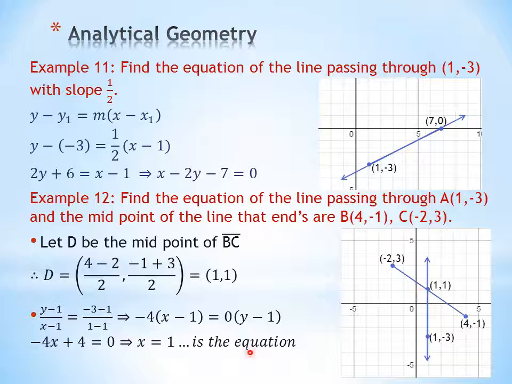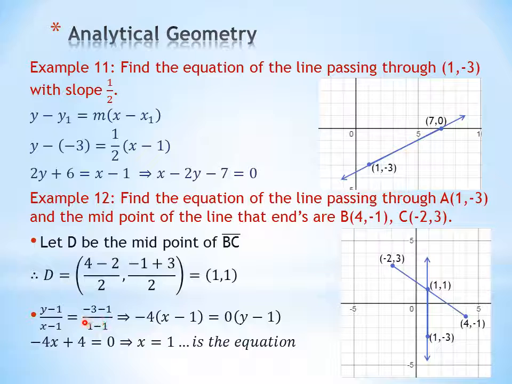Now I have two points. I go directly to the formula of two points and apply the values of D, and the values of A for x, y, and then I will simplify. 1 minus 1 is 0. Negative 3 minus 1 is negative 4. This is y minus 1 and x minus 1.